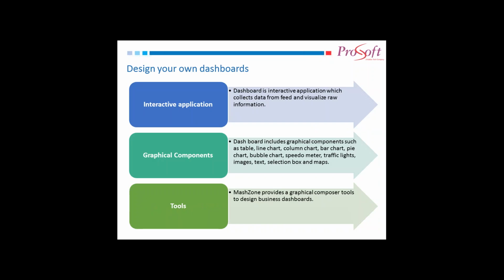Design your own dashboards. So what is a dashboard? A dashboard is an interactive application that collects the data from the feed and visualizes the raw data. So a dashboard includes graphical components such as column charts, line charts, bar charts, pie charts, bubble charts, speedometers, traffic lights, images, text, tables, selection boxes, and mapping interfaces as well.